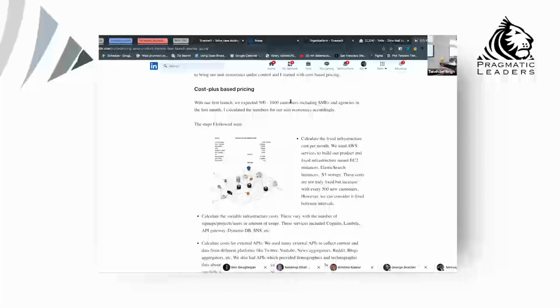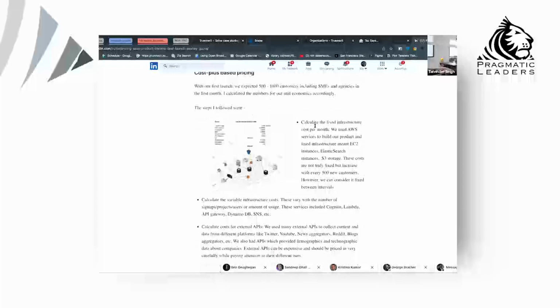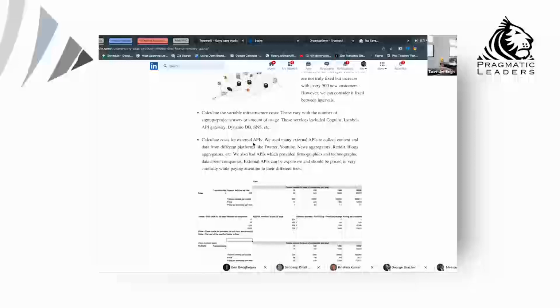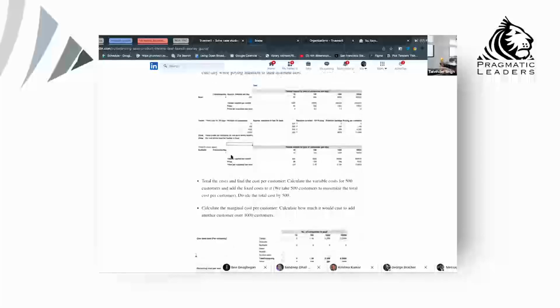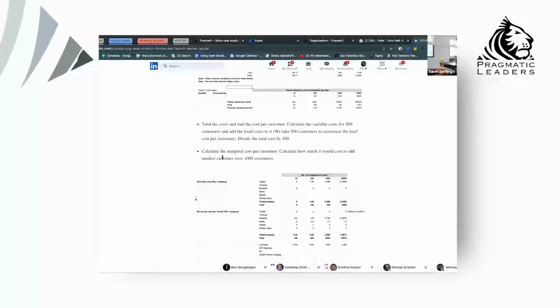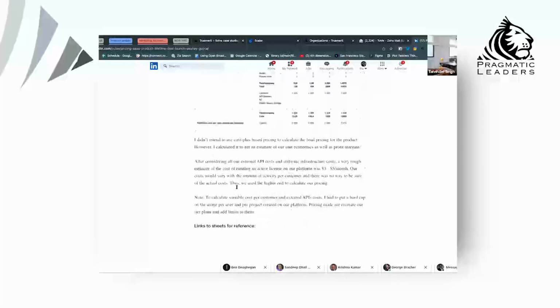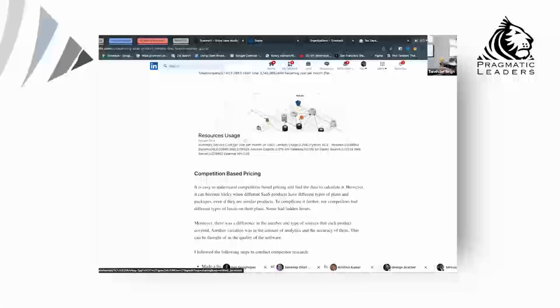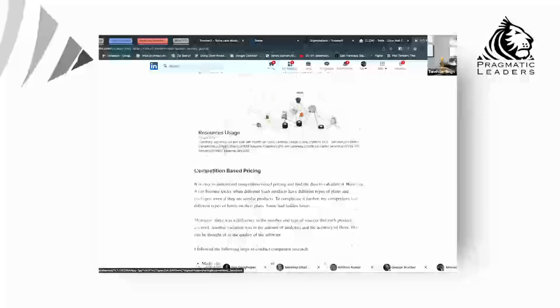We expected 500,000 customers, including SMEs, fixed infrastructure cost per month, variable infrastructure cost for external APIs. The Excel sheets use the different segments and possibilities within which he has to come up with the pricing. Marginal cost per customer, total cost, and so on. He added the link as well so that others can use it. The whole logic of resource usage, summary service, and so on.